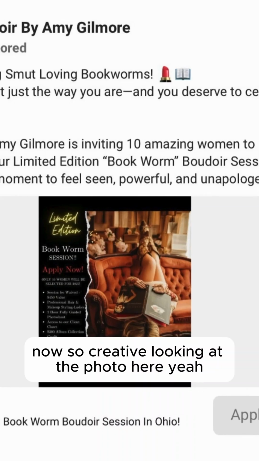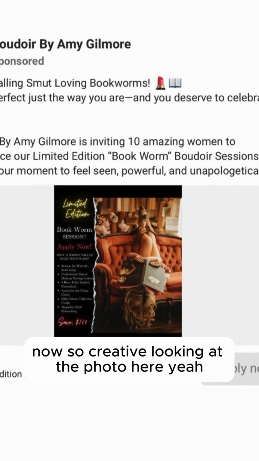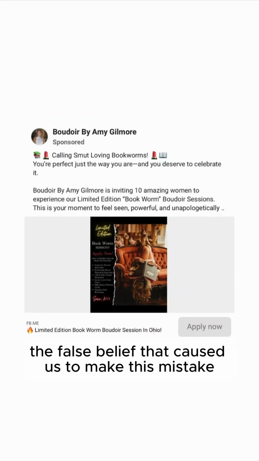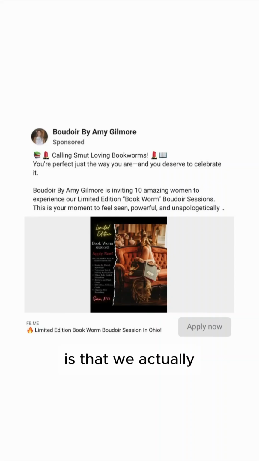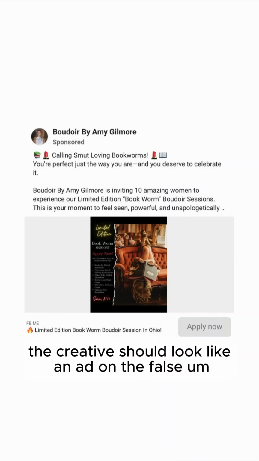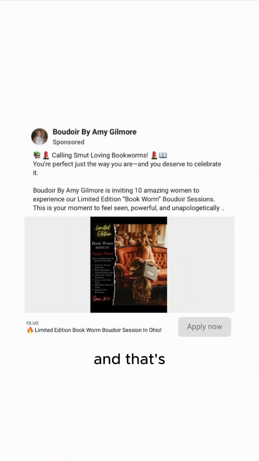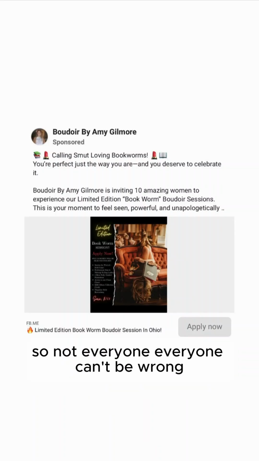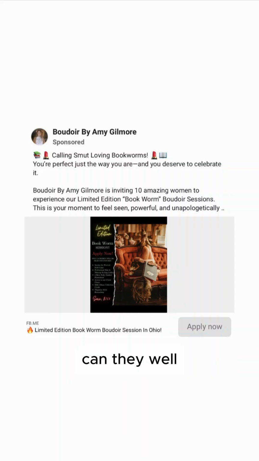Now, looking at the creative, the photo here, we've got the looks-like-an-ad mistake. The false belief that caused us to make this mistake is that we believe Boudoir Facebook ads should look like ads, because all the other Boudoir Facebook ads we've seen all look like ads. Everyone can't be wrong, can they?